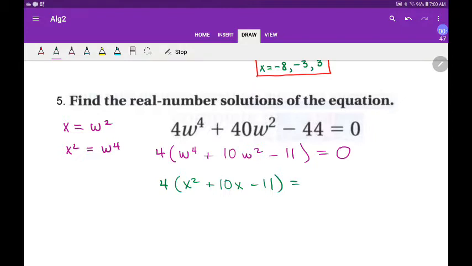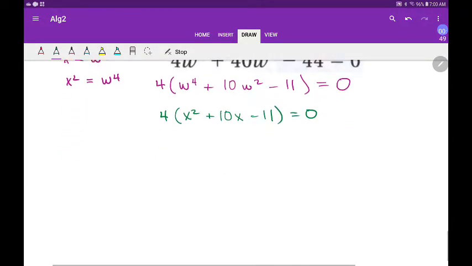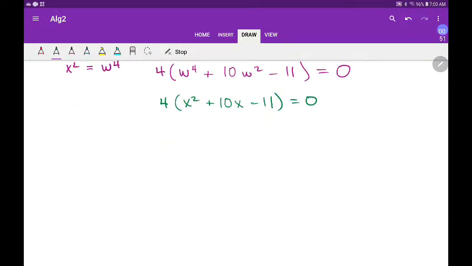If we substitute that in, we could think, factors of 11 that add up to 10, as long as they're going to subtract. So I think we can do that. We can say x, the middle term is positive, so I'm going to say positive 11, and then x negative 1.